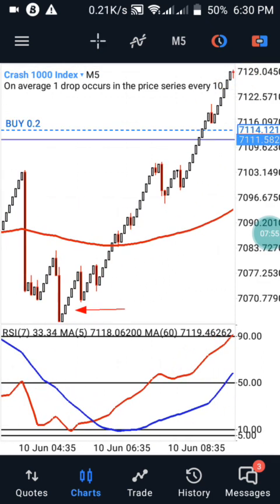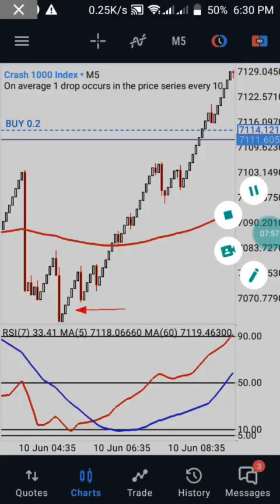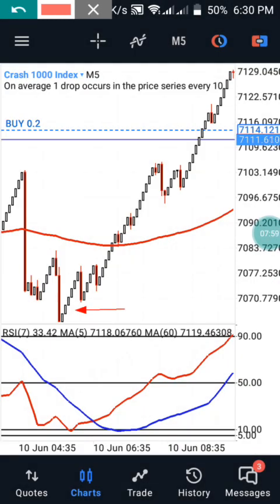But one thing that is very sure is that the first confirmation, which was first given to us, we don't have our blue line below 50. So it is not safe for us. That's why if you enter this particular trade at this area, you will work against the spike.